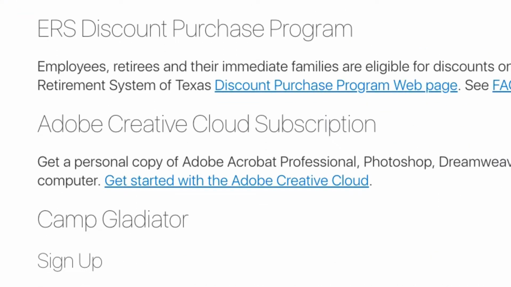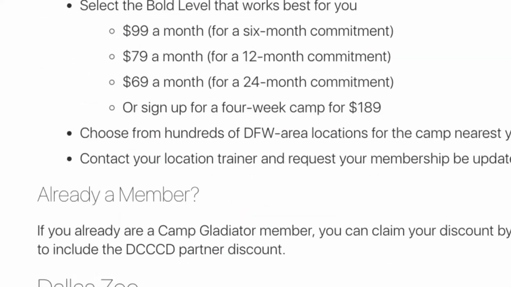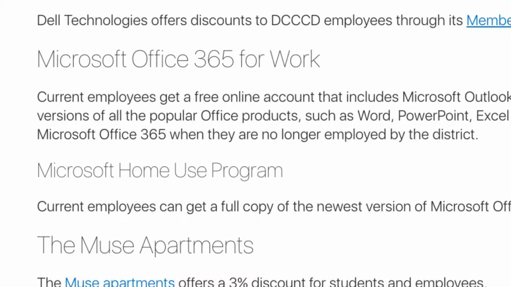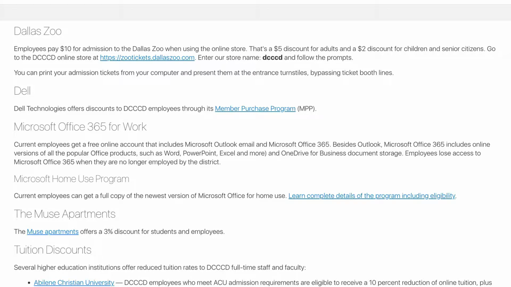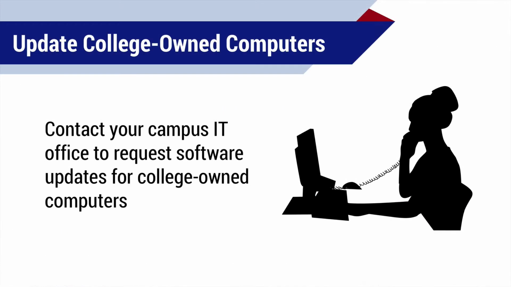Then scroll down the page to find the Adobe Creative Cloud subscription and Microsoft Home Use Program information. There you'll find instructions about how to get this software for free. If you need to update the software on your college-owned computer, it's even easier. Just contact your campus IT office and they'll take care of it for you.